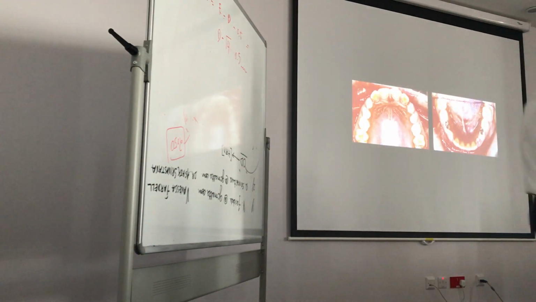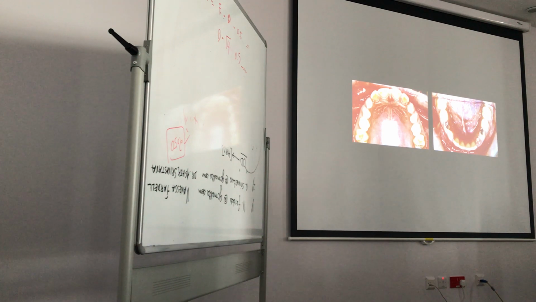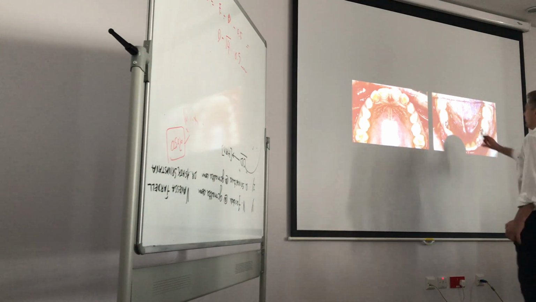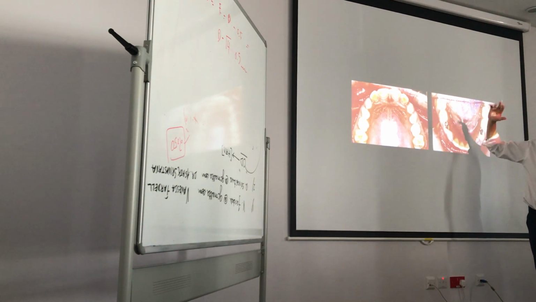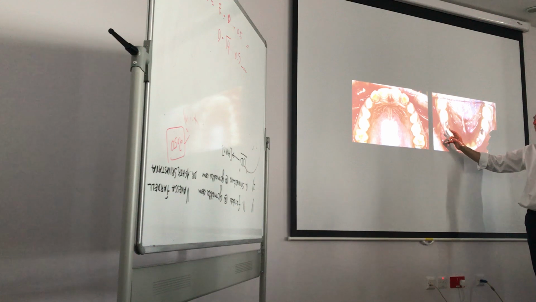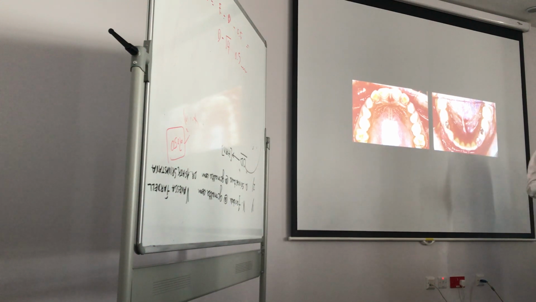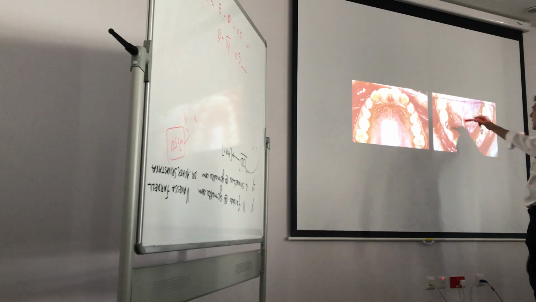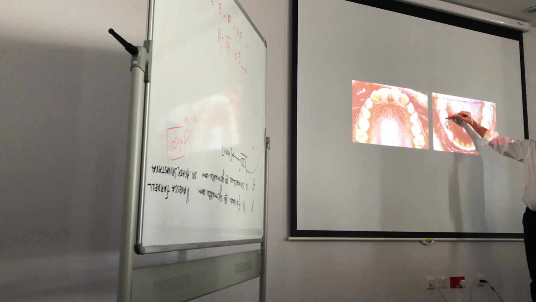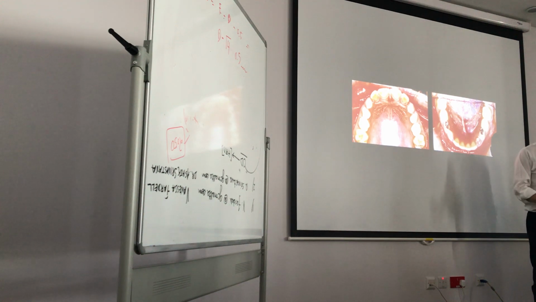What do we talk about with E space? E space is the space that is delivered when these three teeth exfoliate, and the canine, first premolar and second premolar take their place. There is a difference of mesiodistal dimension. This difference is in favor of the deciduous teeth.